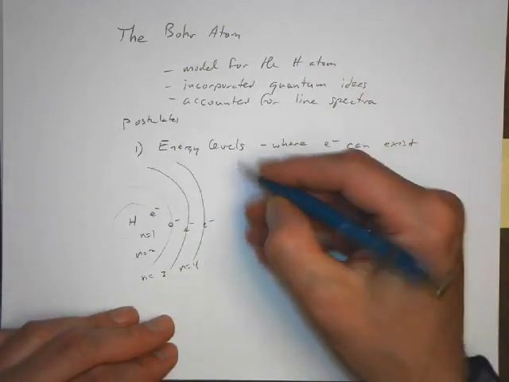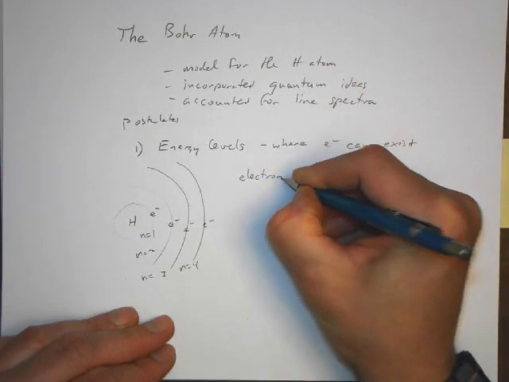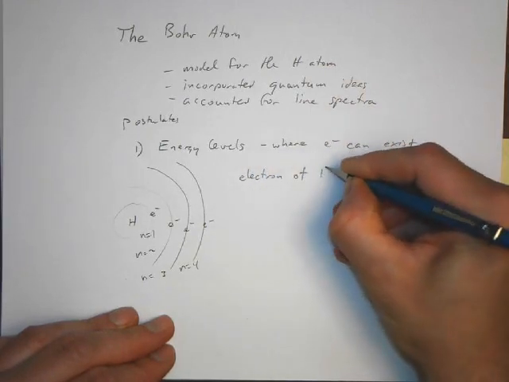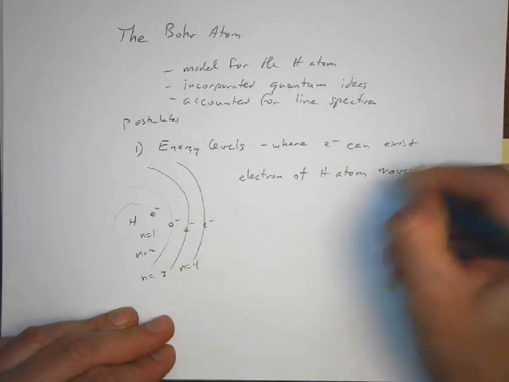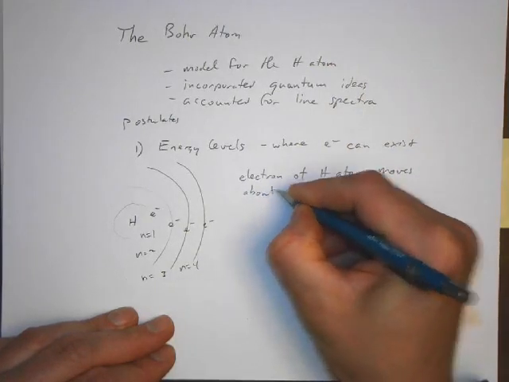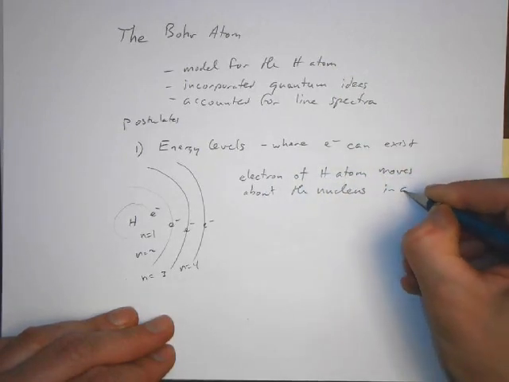So what it says is that an electron of the hydrogen atom moves about the nucleus in a circular orbit.